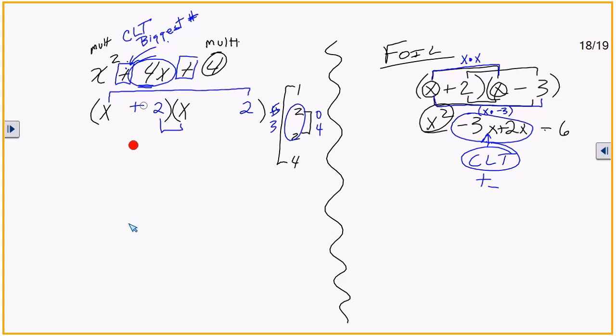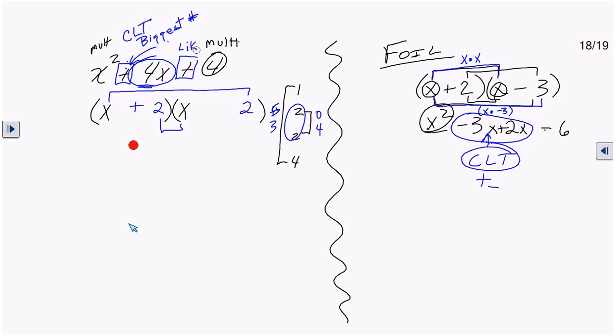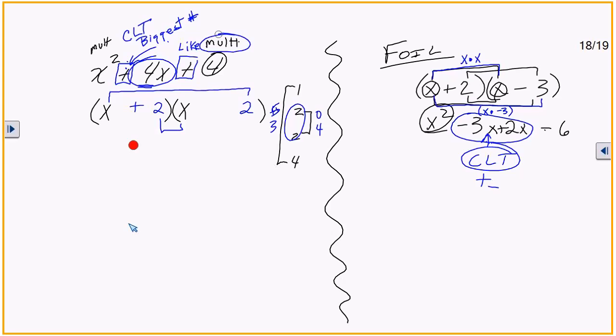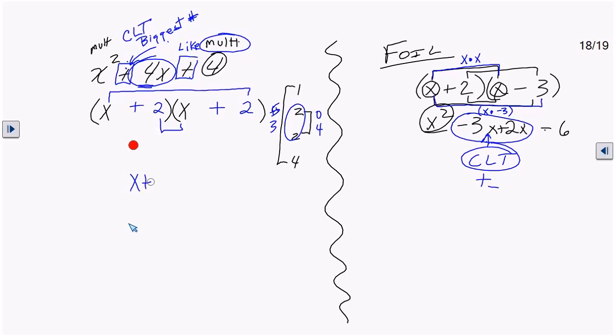And then this means like, because what did we do to get the last term? We multiplied. So like signs are positive. This sign is positive, so this sign has to be positive. So we just factored x squared plus 4x plus 4 into x plus 2 times x plus 2, or x plus 2 quantity squared.